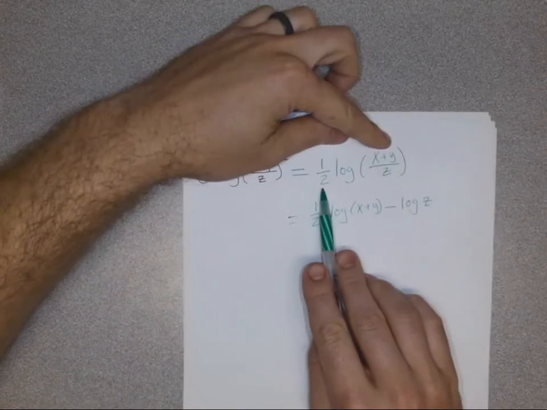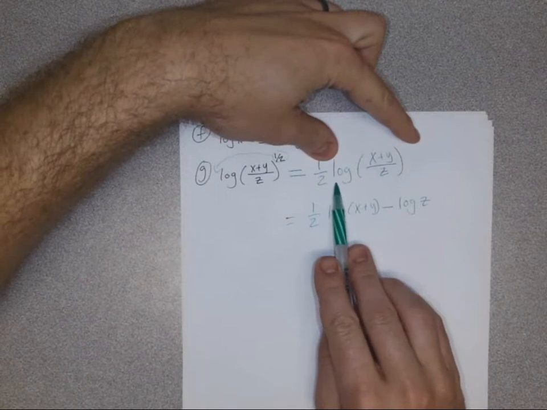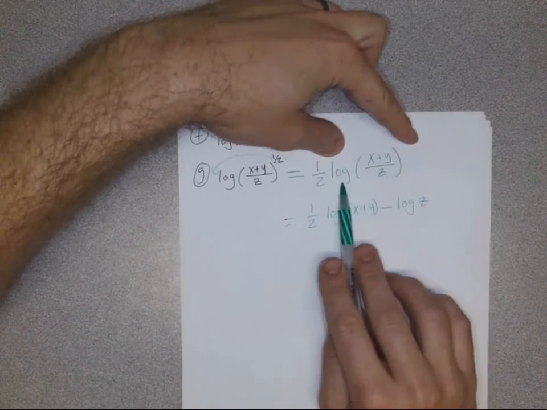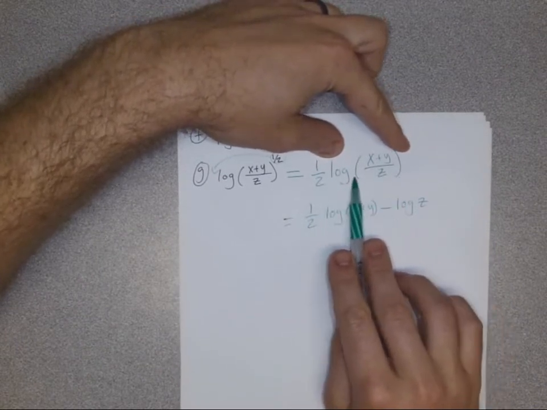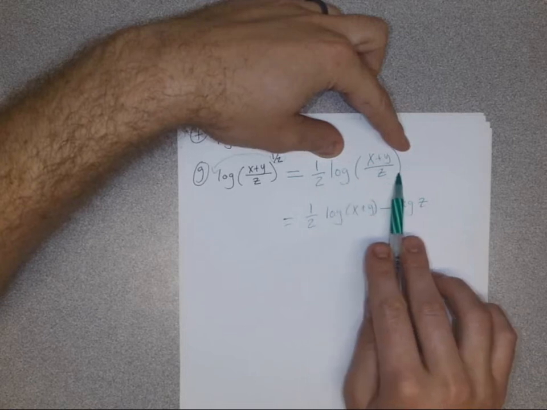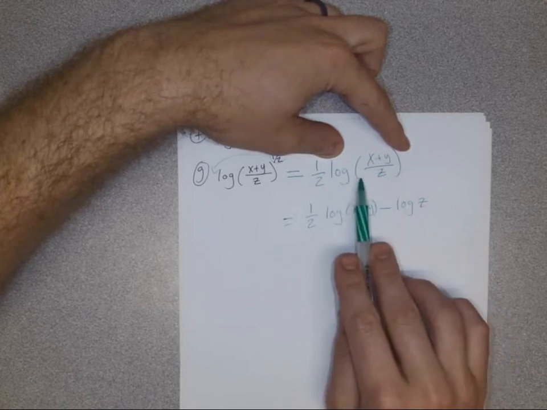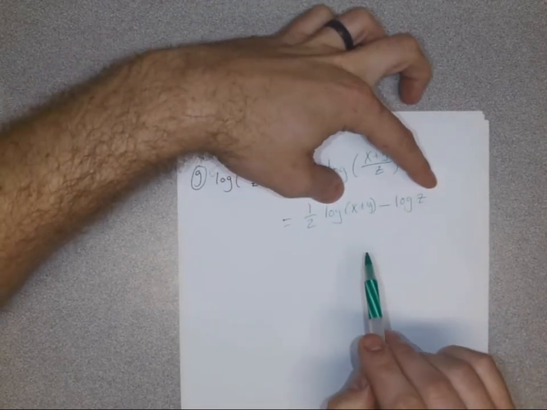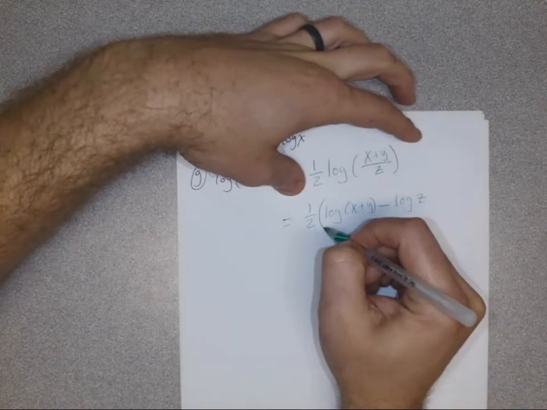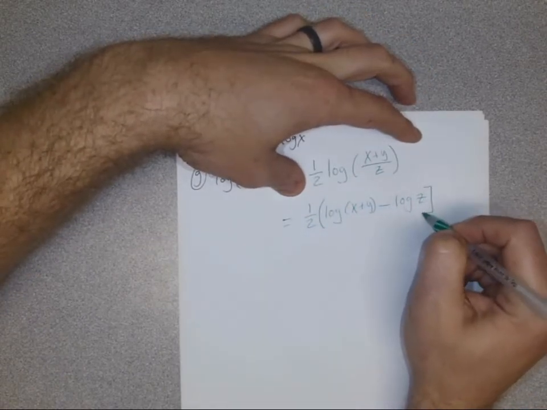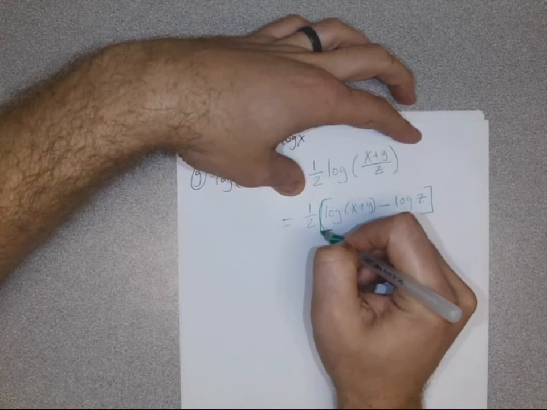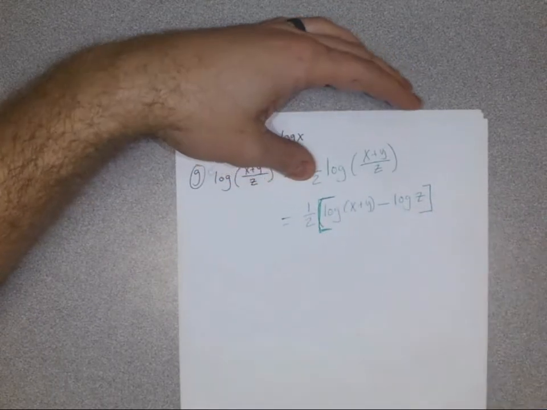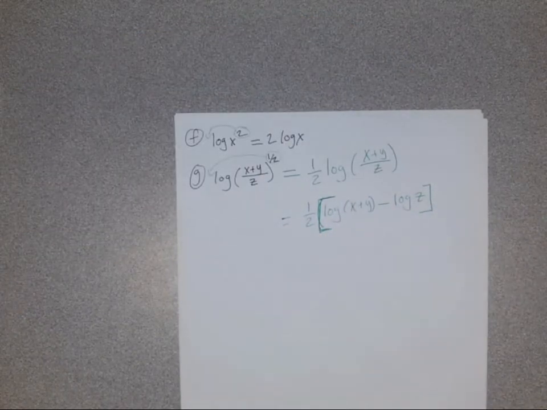So this says 1/2 times this whole thing. So if we do anything to this log of x plus y over z, then this whole thing still has to be multiplied by 1/2. So we have to have parentheses here, or brackets. I'm putting brackets here just because too many parentheses can get confusing. But don't get confused by the brackets.